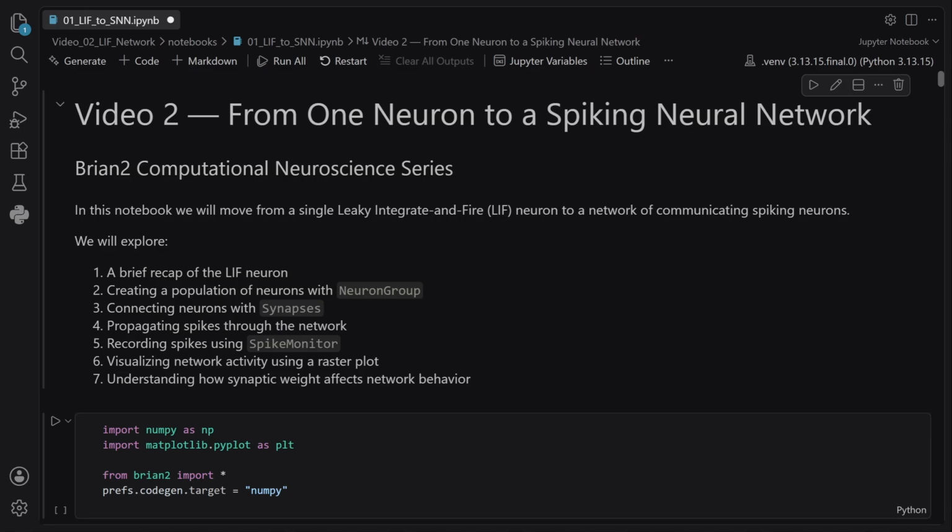Before we build the network, let's quickly look at the framework we're using, Brian 2. Brian 2 is an open source Python-based simulator designed specifically for spiking neural networks. One of the things I like about Brian 2 is that the code maps quite naturally onto the concept we are trying to model.